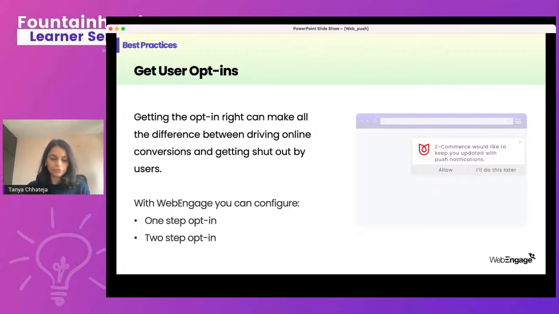One is you can go on to specific pages and say, okay, if my user is on a checkout page, I want to send him a notification that says, hey, I hope you enjoyed your purchase, or hey, I hope you had a great experience on the website. Would you like to receive more notifications from us in the future? So this is something that your on-site notification would say, which would prompt the user to click on the allow button and opt in for your web push notification.